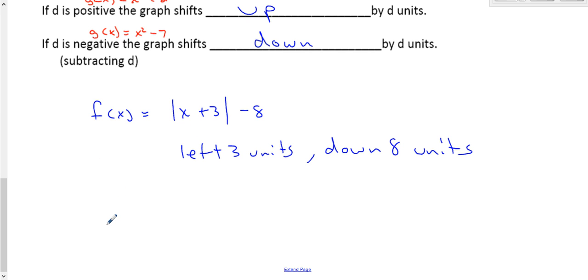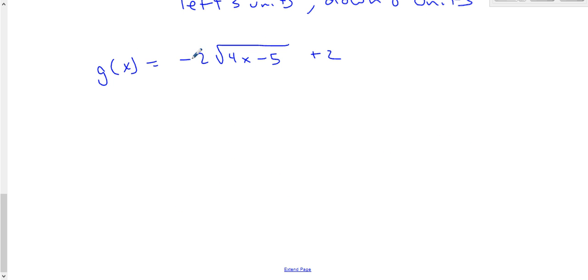Okay, and let's say I have g of x equals negative 2 times the square root of 4x minus 5, plus 2. This has everything going on. So the negative is reflecting, and it's on the outside, so it's reflecting up and down across the x-axis.